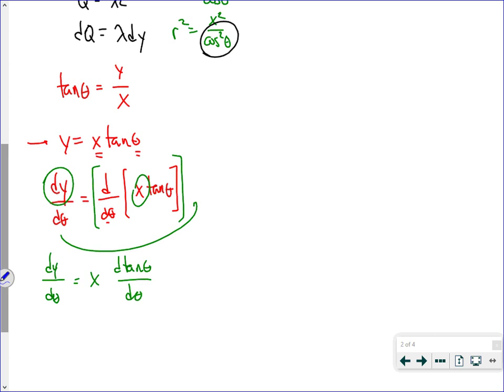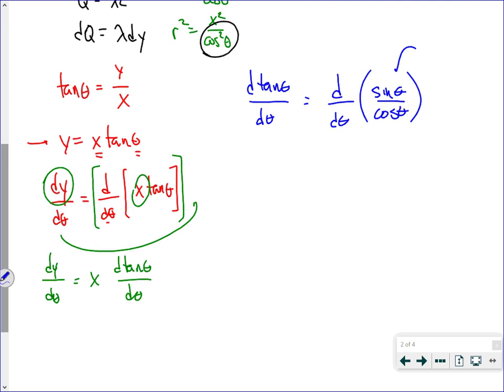So d tan theta d theta is the same as d of sine over cosine d theta, an equivalent to tangent. Doing this derivative is a quotient rule thing.